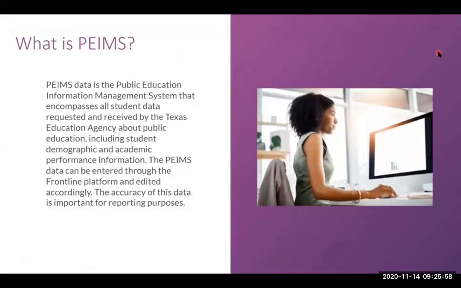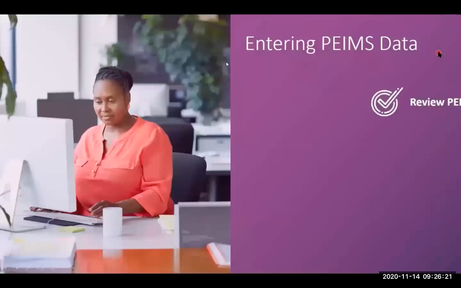All this data that is required and received by the TEA about your students can be entered through your Frontline platform. It can be edited accordingly in your Frontline platform. We do want to stress that this data should be kept accurate, and it's important for your reporting purposes. And that's just a quick overview of what that is.